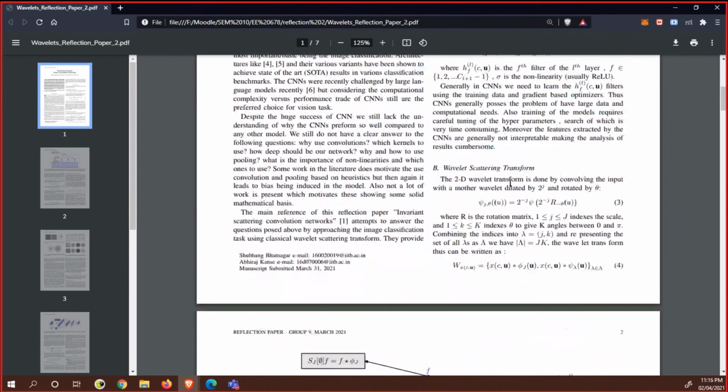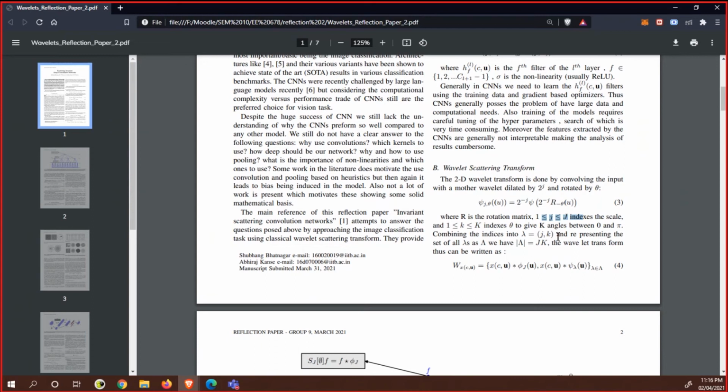Now we'll take a look at the wavelet scattering transform. The mother wavelet of a 2D wavelet can be represented by equation 3, where r is a rotation matrix and j are the indices used for scaling the wavelet.